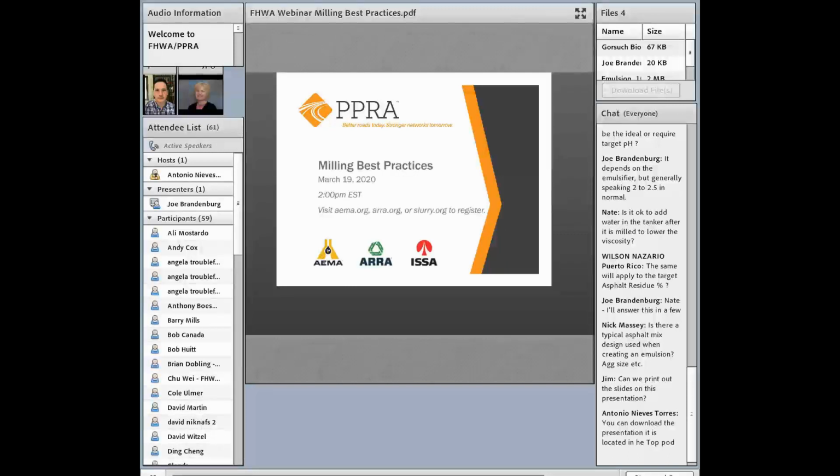Those are typically added in the soap solution. A thickener will help stabilize the emulsion by thickening the water phase. An example would be a cellulose type of thickener, which comes from a plant. It's a plant-based, water-soluble polymer.